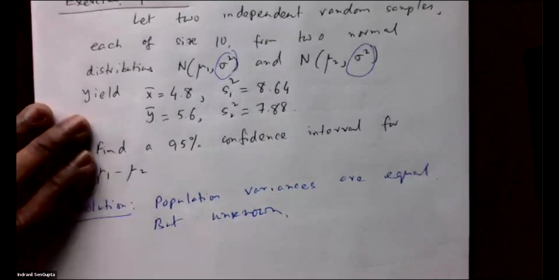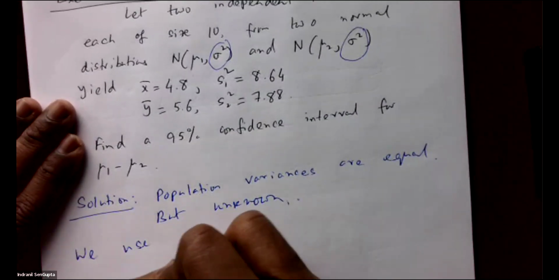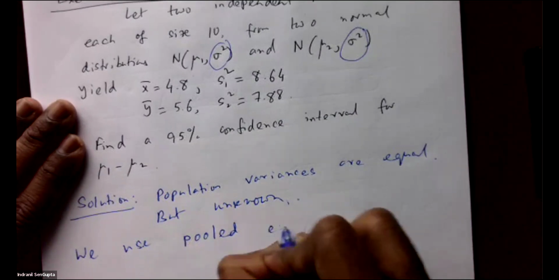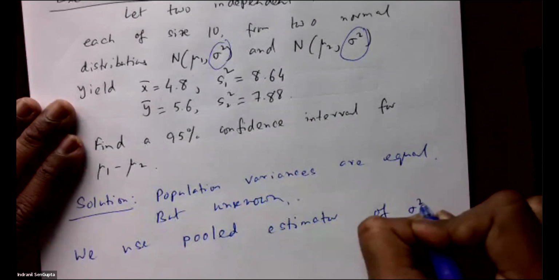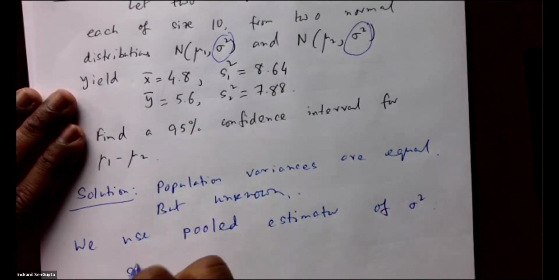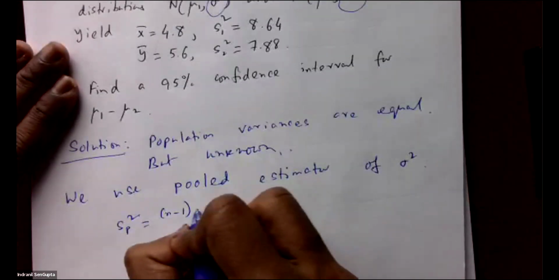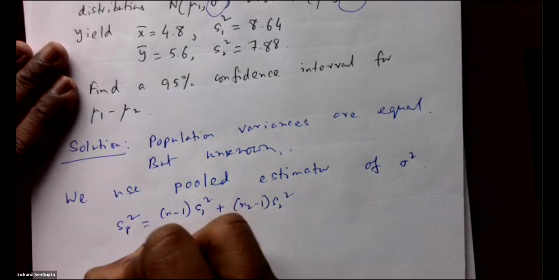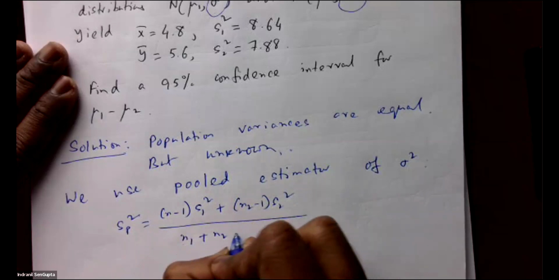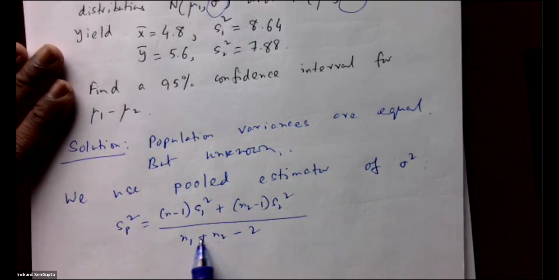Okay, so let's compute. We use the pooled estimator of sigma squared, which is given by sp squared, equal to n1 minus 1 s1 squared plus n2 minus 1 s2 squared over n1 plus n2 minus 2. For our case, n1 is 10, n2 is 10, so it's 18.